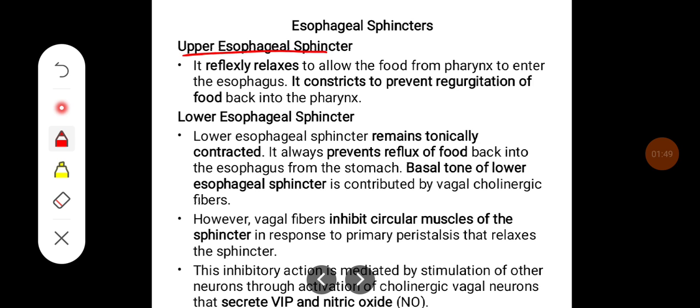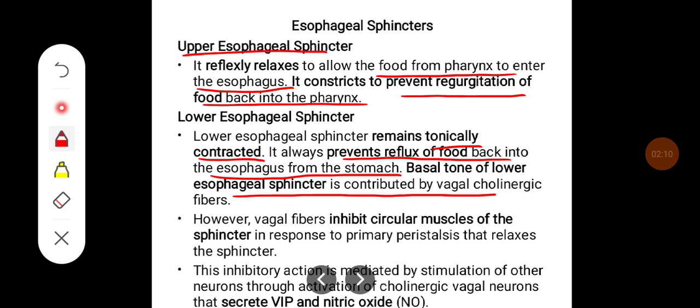The upper esophageal sphincter reflexly relaxes to allow the food from pharynx to enter into the esophagus. It constricts to prevent regurgitation of the food back into the pharynx. Lower esophageal sphincter remains tonically contracted. It always prevents reflux of food back into esophagus from stomach. The basal tone of lower esophageal sphincter is contributed by vagal cholinergic fibers.